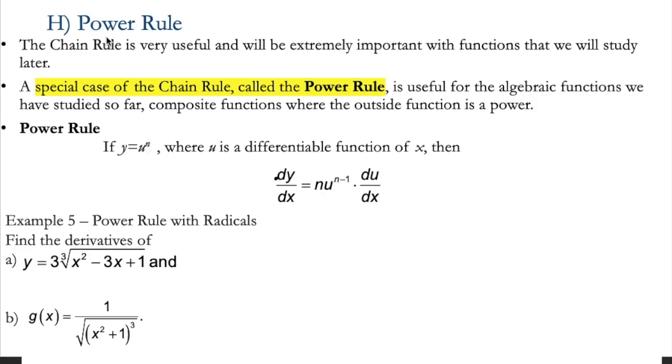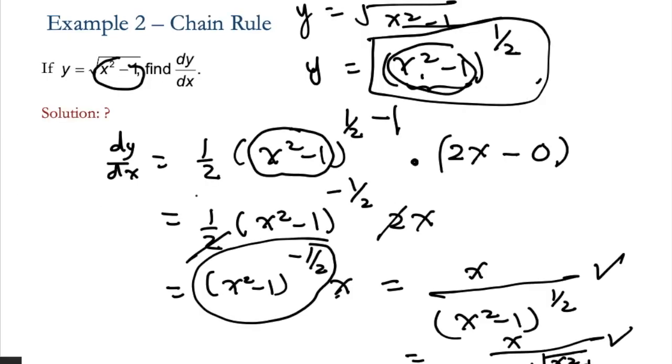Let's say we have power rules with radicals, for instance, or this one, or let's go back to the simplest one first, and then only we go to that one, otherwise it becomes complicated for you.